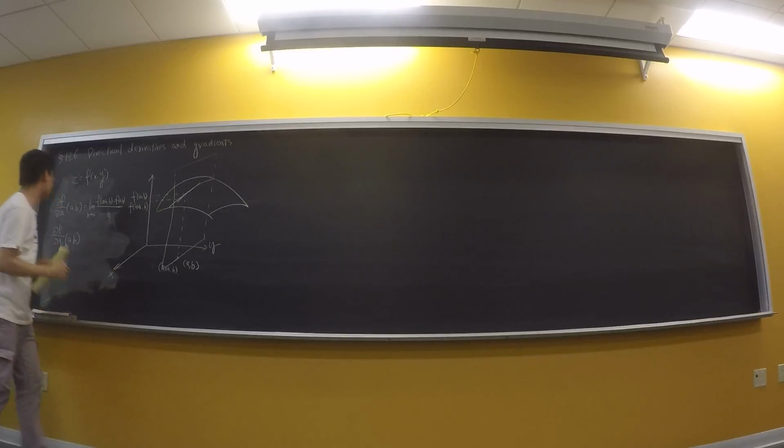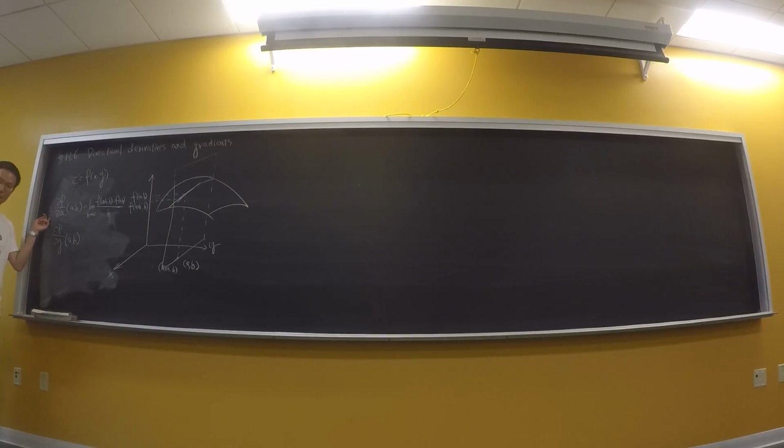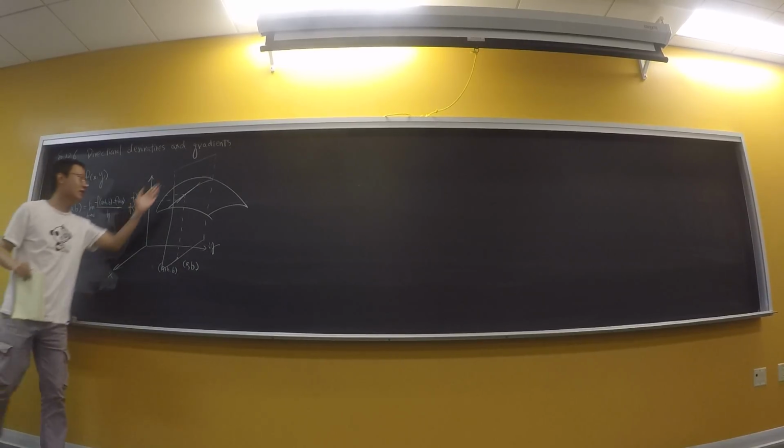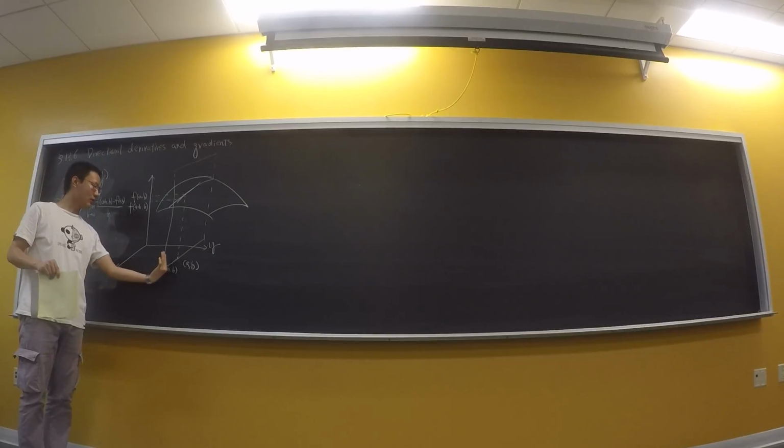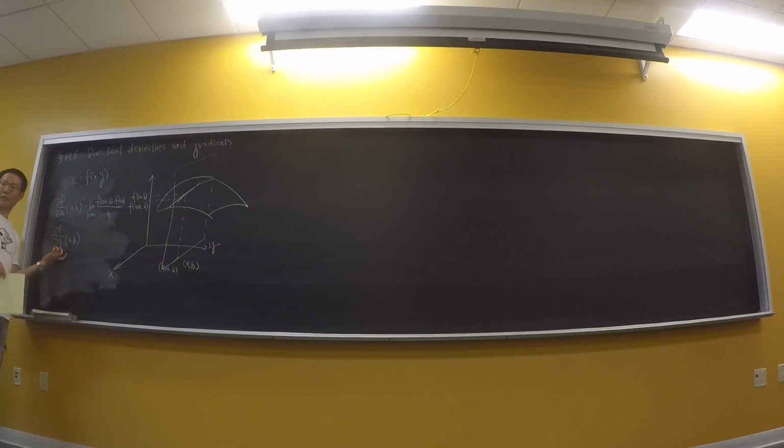This is exactly the partial derivative. So the partial derivative is the rate of change, and also the slope of the tangent line which is the intersection of a plane with the surface. You can also interpret the partial derivative with respect to y in a similar way.